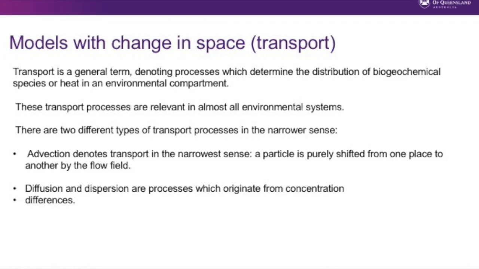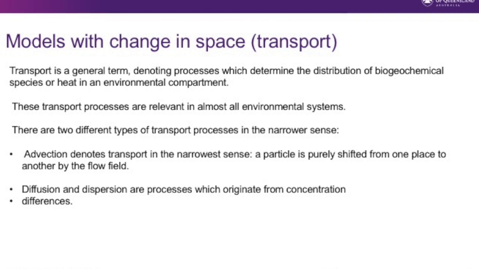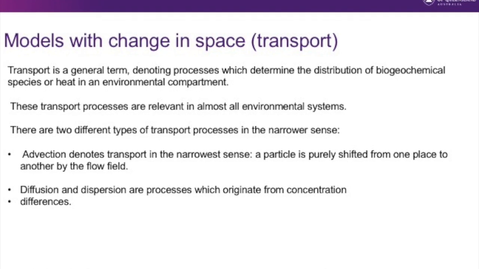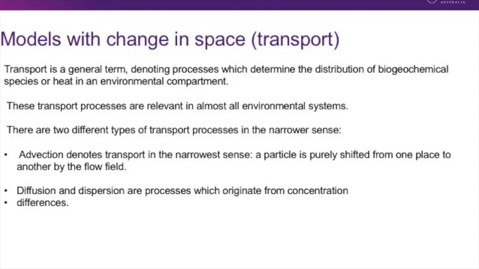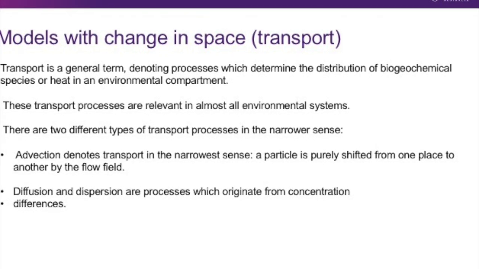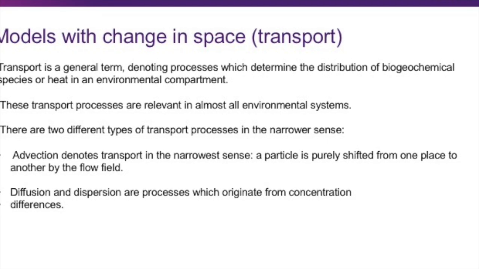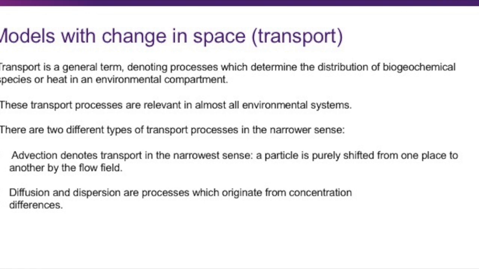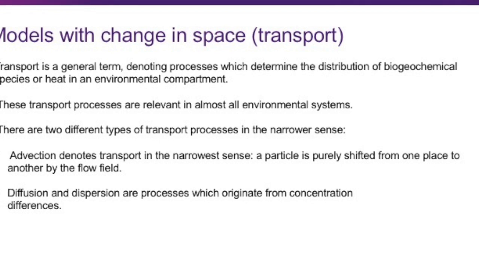These transport processes are relevant in almost all environmental systems. There are two different types of transport processes, and these are advection and diffusion. Advection denotes transport in the narrow sense. A particle is purely shifted from one place to another by the flow field. While diffusion and dispersion are processes which originate from concentration differences.